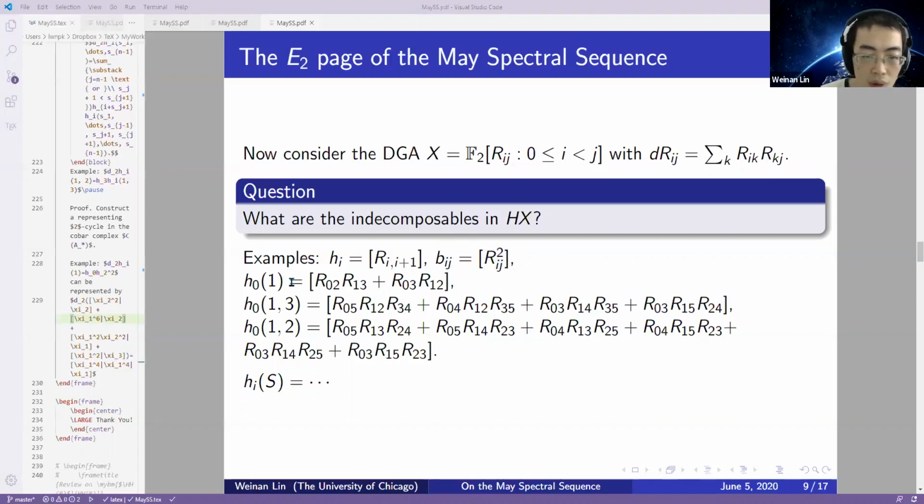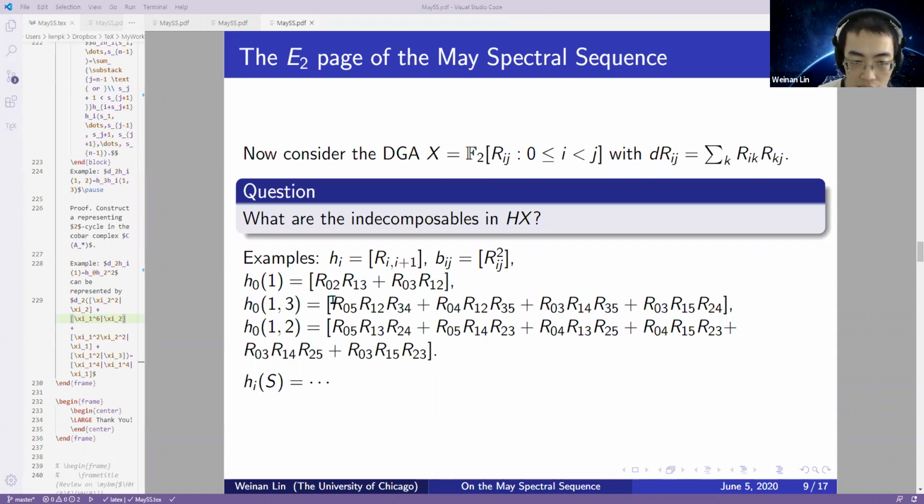Okay, and now we have more examples of elements in the cohomology, like this one, and it's denoted by h_{0,1}. That's May's original notation, and actually all people use the same notation for these elements.